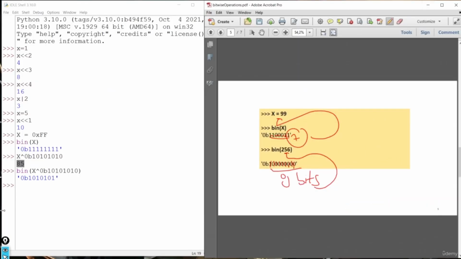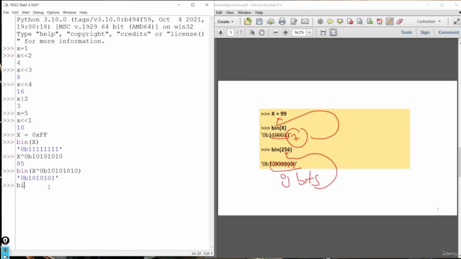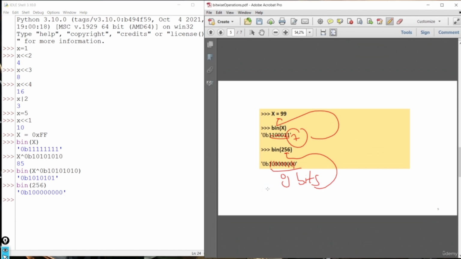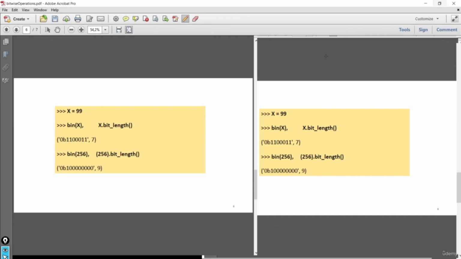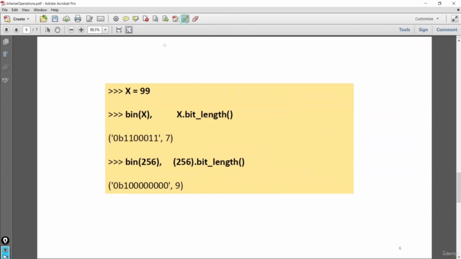Okay, let's try these simple examples. Bin 256, and we get the binary equivalent of 256. Okay, here again x is equated to 99.